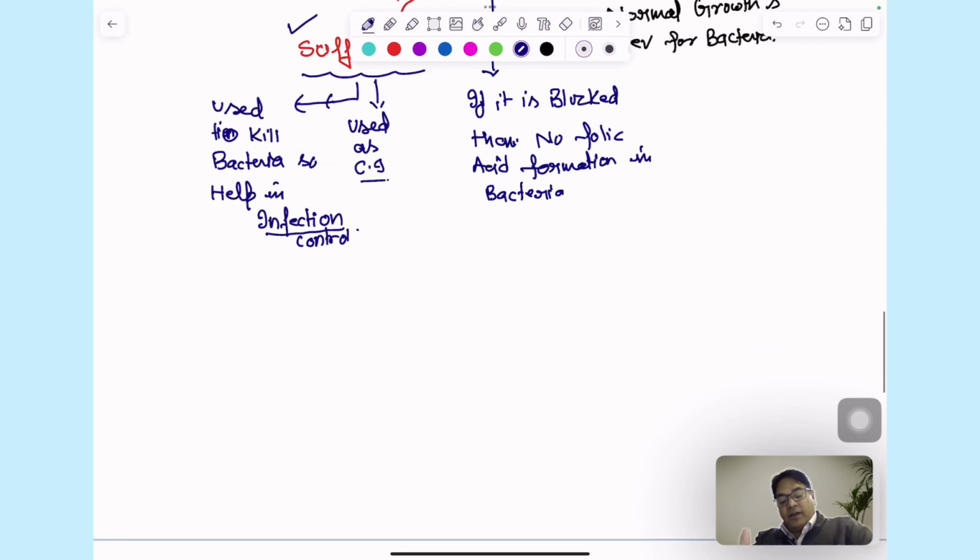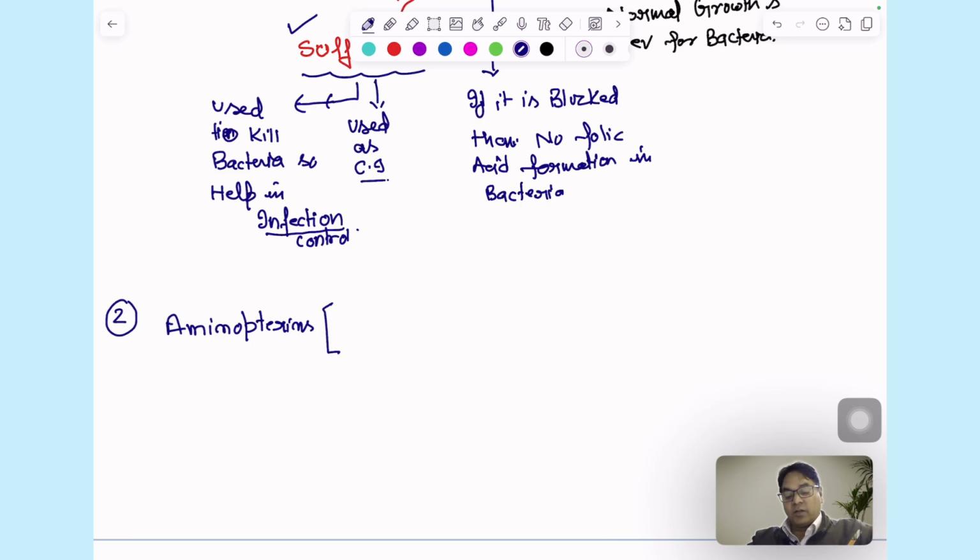All right. Now let us come on to the second example. It is aminopterin. So this is the second drug, aminopterin. An example of aminopterin is methotrexate.